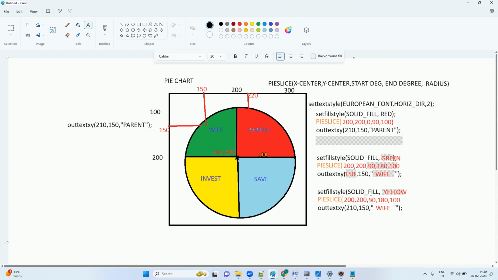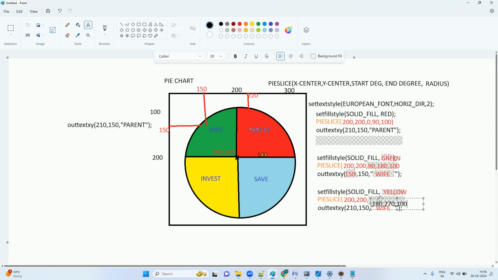Yellow. 200, 200. 180 to 270, right? 180 to 270, and 100 is the radius.